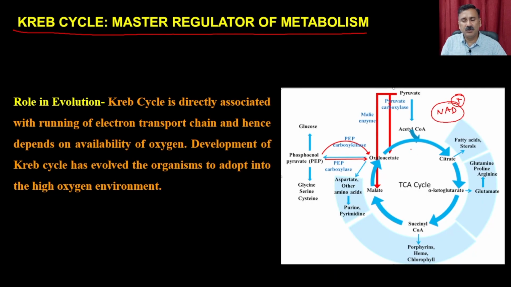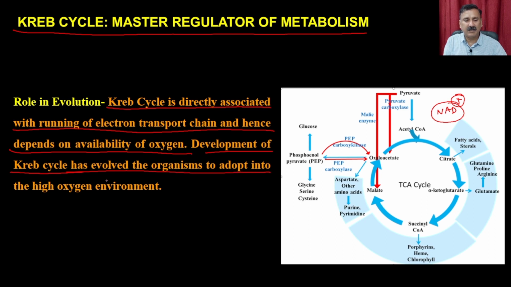As oxygen evolved, organisms shifted to aerobic oxidation, mitochondria were present, and that's how so many enzymes came to be placed in such a way that they utilize the pyruvate from glycolysis to produce a high quantity of energy. So the Krebs cycle is directly associated with running the electron transport chain, and hence depends on the availability of oxygen. The development of the Krebs cycle has allowed organisms to adapt to a high oxygen environment.